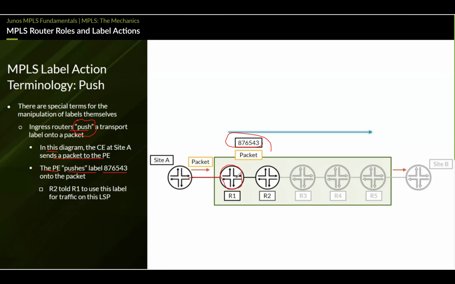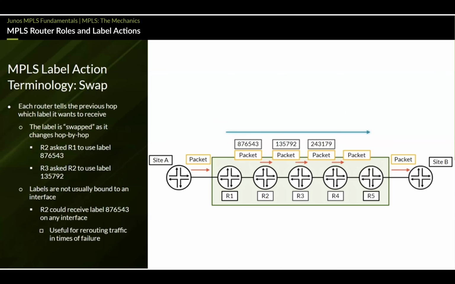R2 told router 1 to use this label for traffic on this LSP. So router 1 inserts this label and sends it to router 2. Router 2 receives this label as an incoming label, and this is a transit router. It swaps the label from this label to another label. That will happen dynamically if we use a label distribution protocol.